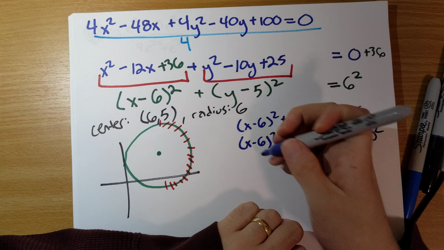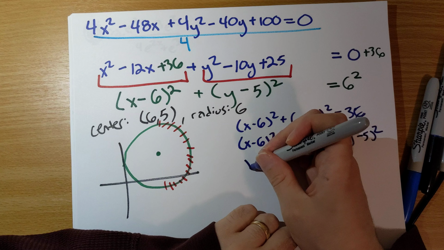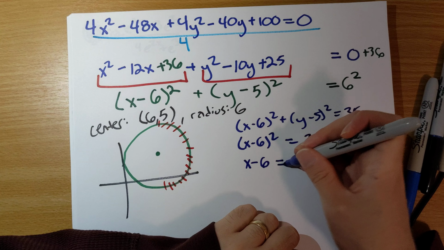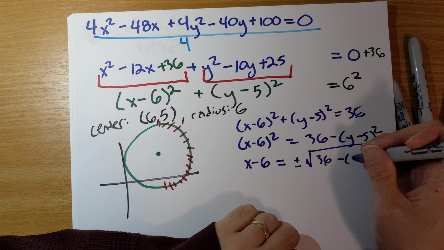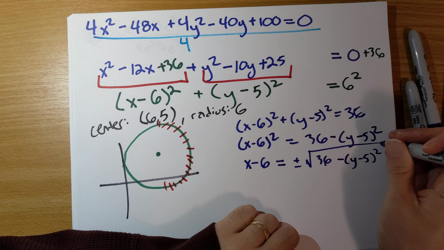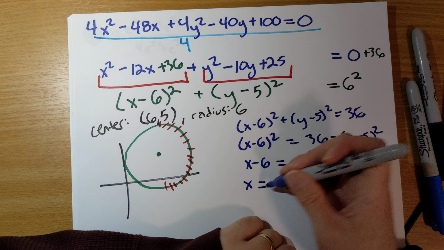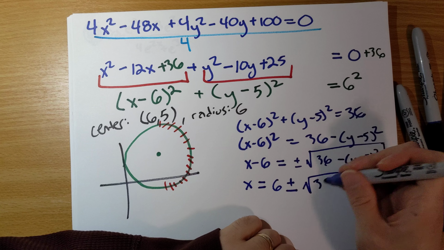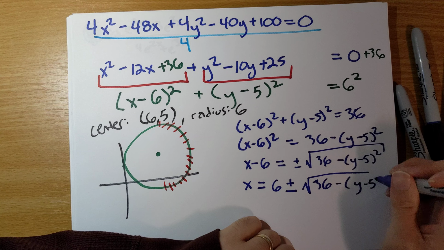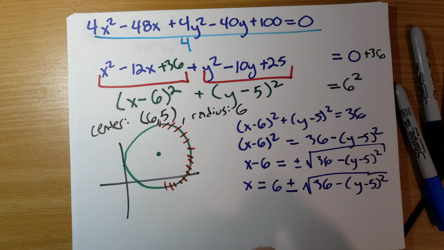Let's take the square root of both sides. x minus 6 is equal to plus or minus the square root of 36 minus y minus 5 squared. So x is equal to 6 plus or minus the square root of 36 minus y minus 5 squared.